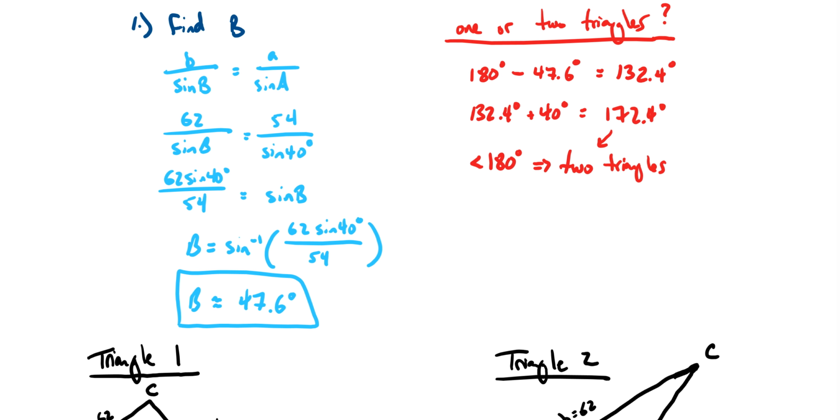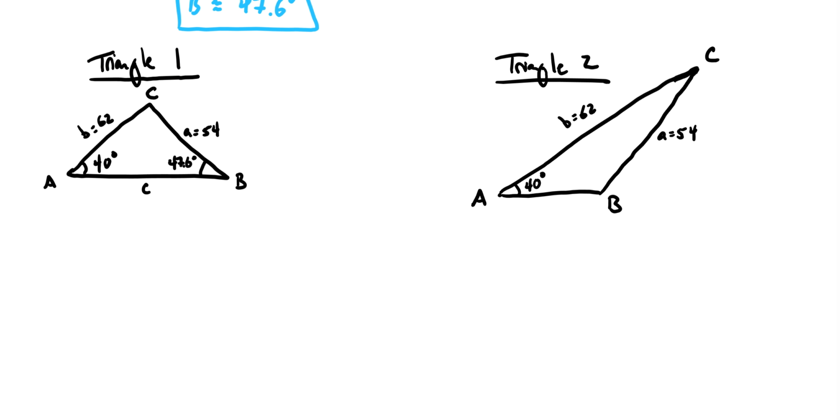So every time you figure out there's two triangles, the other angle B is going to be this value right here, after you subtracted it from 180 degrees. So if you end up having two triangles, that is the other value for angle B, that 180 minus the other initial angle B. So 132.4 degrees.